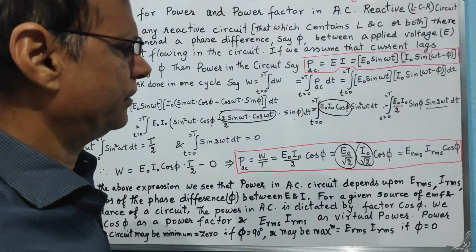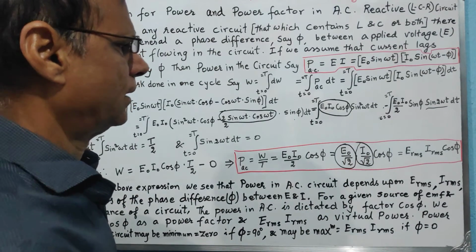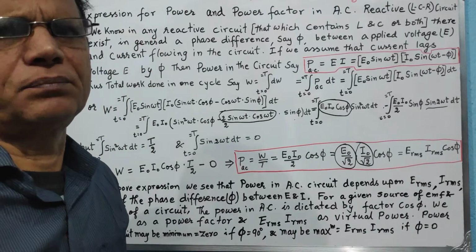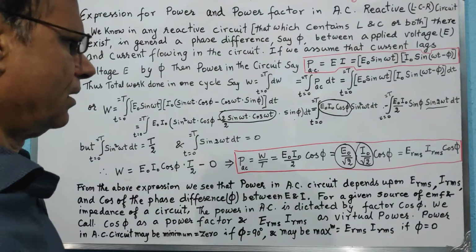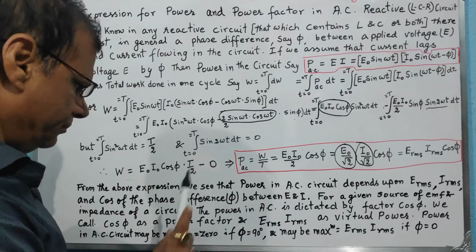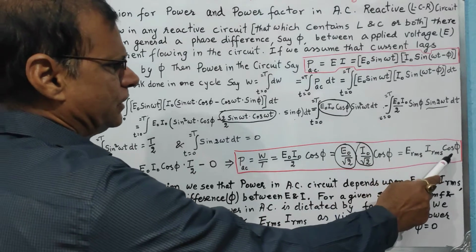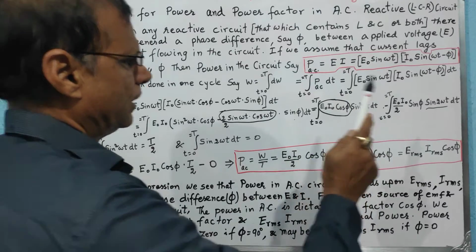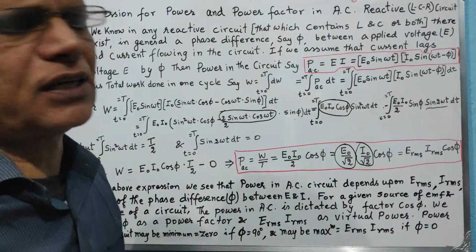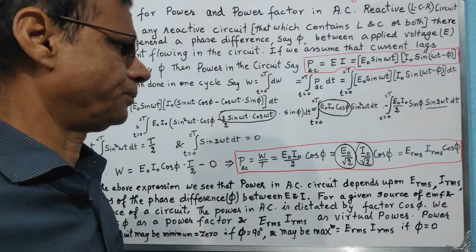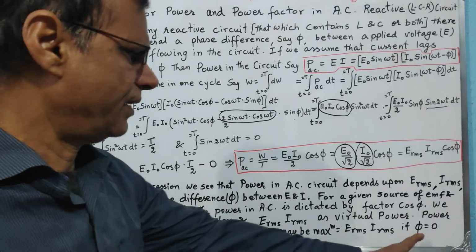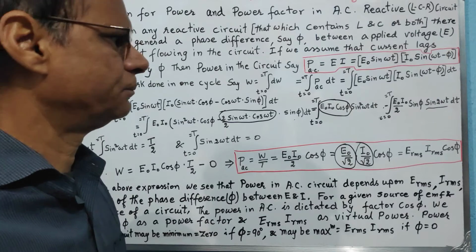The only factor which will dominate the power is cos phi, and so we call it the power factor. Now if this power factor is maximum, the power in the AC circuit will be maximum. And what could be the maximum value of cos phi? It is 1. This happens when phi is equal to 0 degree.